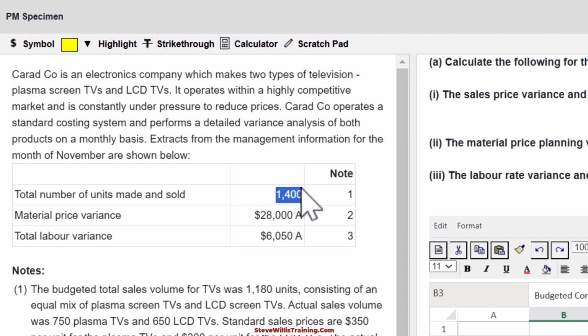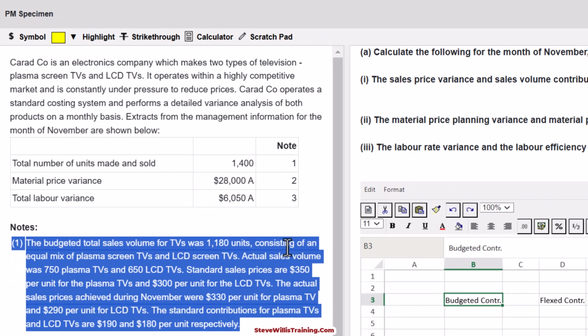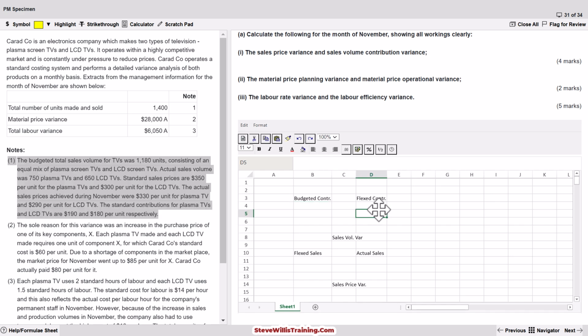No change in inventory, which is nice. And everything we need for this part of the question is here in note 1. Now guys, in the real exam, I'd probably do all of these templates first, just to get really organized before I started reading. But for the sake of this video, let's do it part by part.